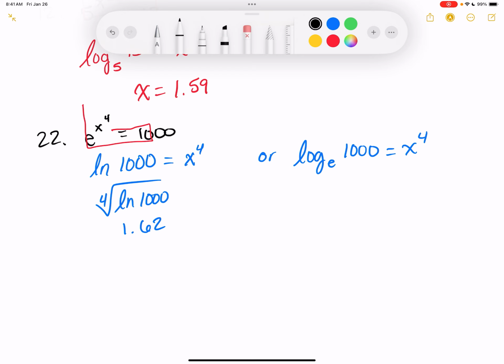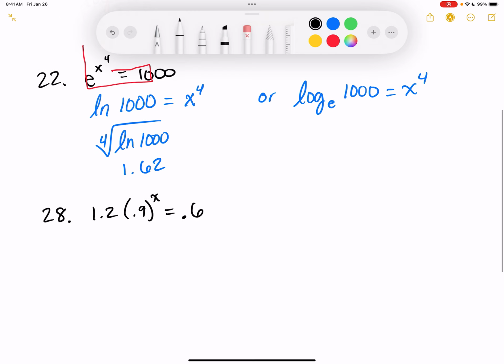28. 1.2 times 0.9 raised to the x equals 0.6. So in order to make the L, I've got to have it to where the only thing on the left-hand side is whatever that is raised to the variable.